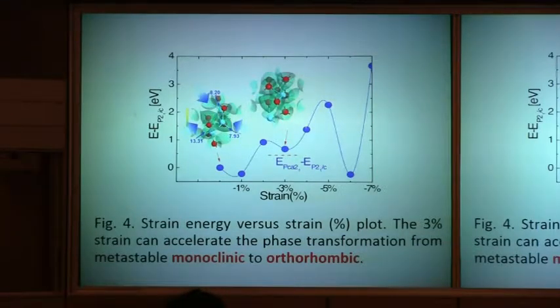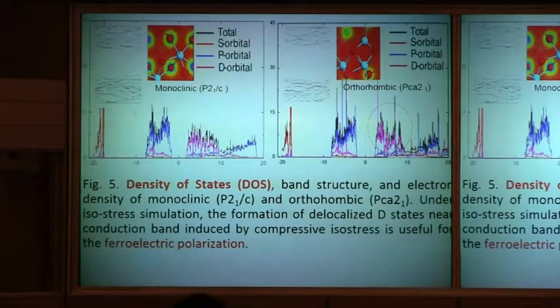And how we made it: we used first-principles quantum mechanics to calculate the density of states, and because of the strain, the density of states goes from almost nothing to very high density.